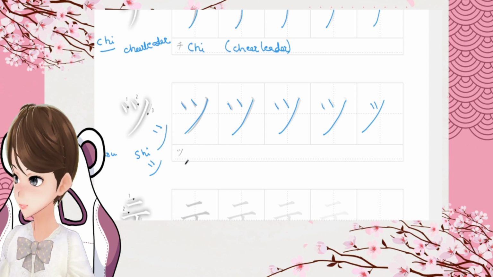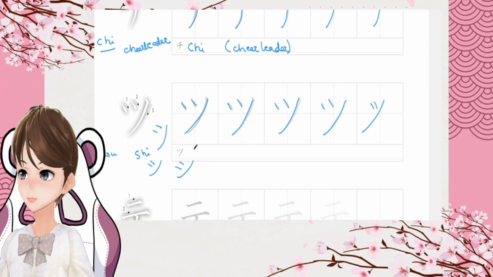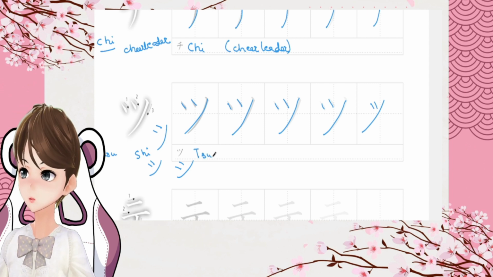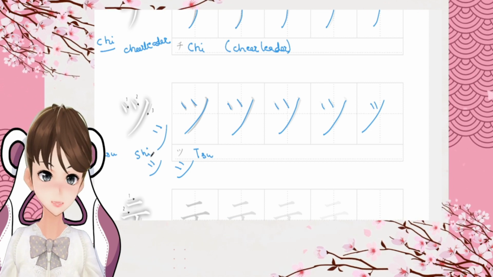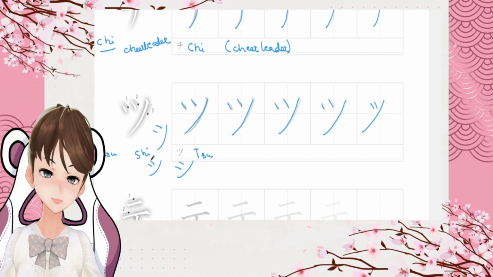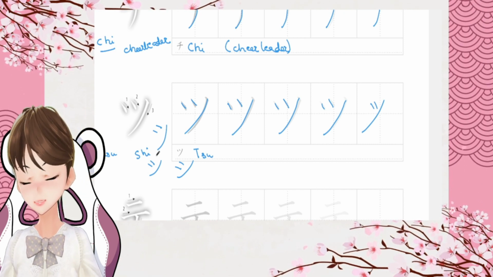Whereas for the shi character, it's a line which goes up. So this is the su character, which is often confusing with the shi character. So please make sure to learn them both very well.